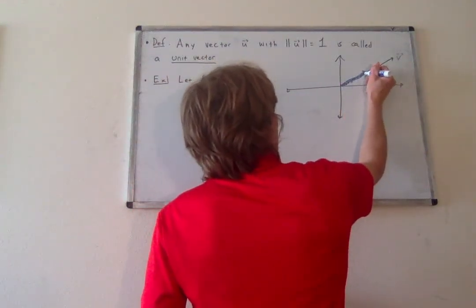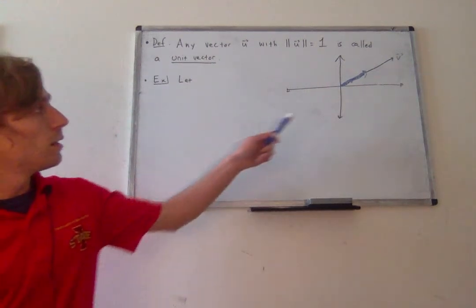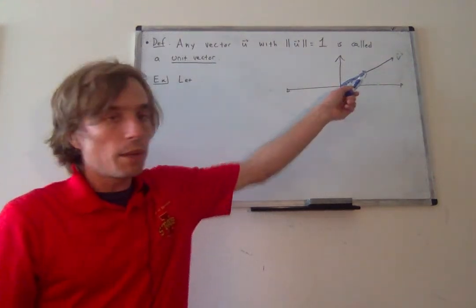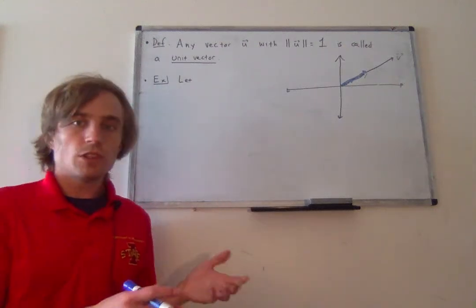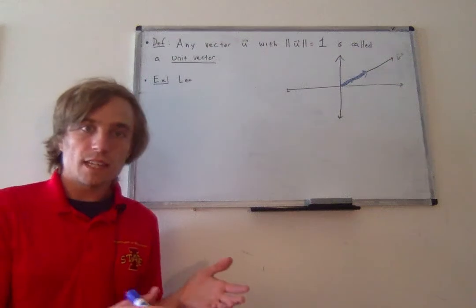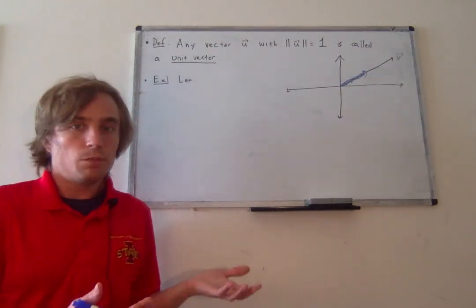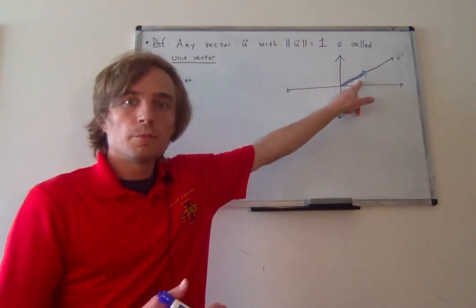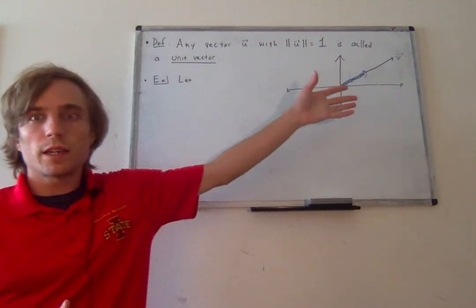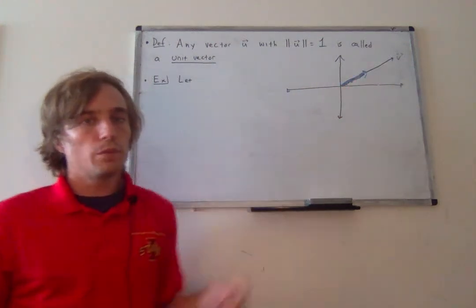Basically, if v has length greater than 1, I just point a vector in the same direction as v that has length 1. So this problem isn't terribly hard. The question might be, how do I calculate what this vector should be?